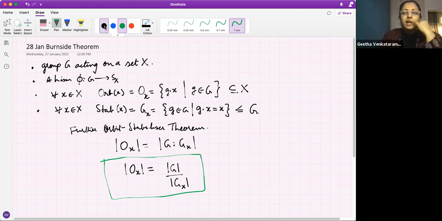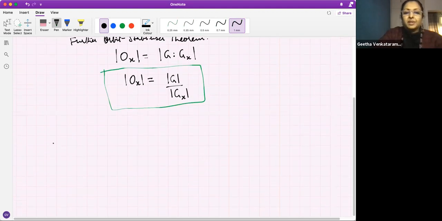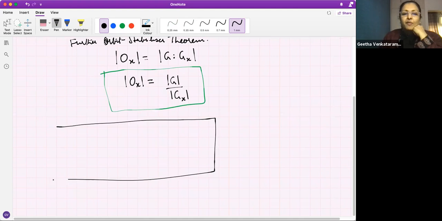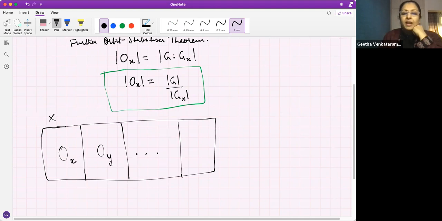And another fact is that the orbits are basically equivalence classes. So in your mind, the picture that you should have of X is that it's partitioned into these orbits. So I have O_x, O_y, O_z, say.